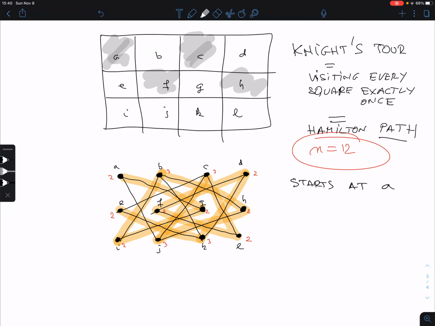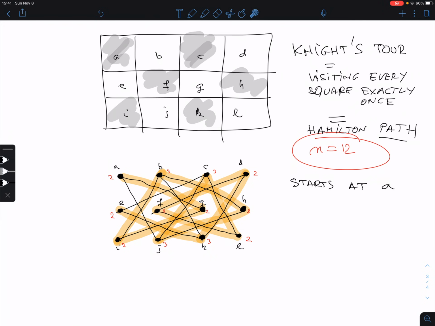Black, black, black, black. Now, what does any move of the knight do? It always will change color, right? This means that any two vertices in this graph that are adjacent will always have two different colors. If these are adjacent, then one must be one color, the other must be the other color.